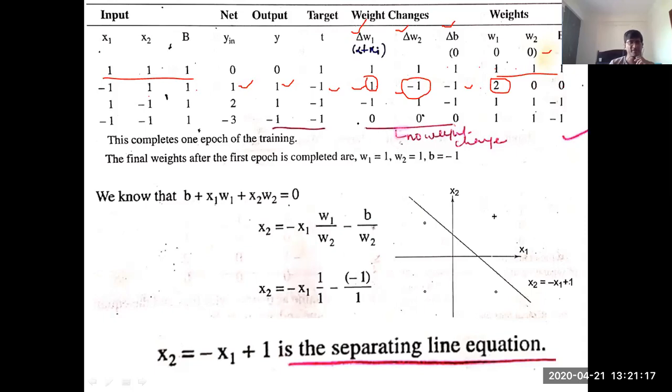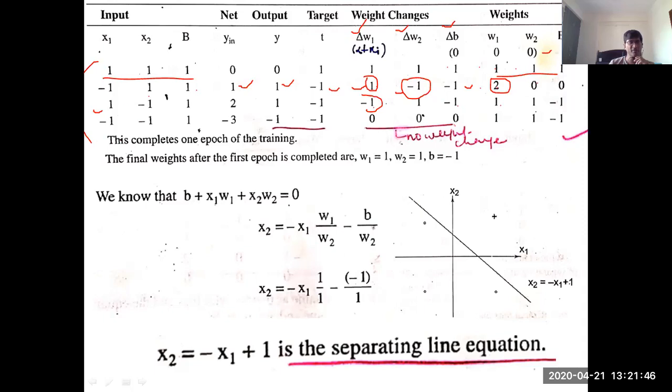So when we do the further iteration, for example, when we come up with the new input 1 and -1, the change in weight comes out to be -1, 1, and -1. So how would this weight come? We would add this 2 with -1, which comes out to be 1. Similarly, 0 with this, and similarly 0 with this value, right? So this is how we update the weights. So after presenting all the inputs, we had 4 inputs, right?